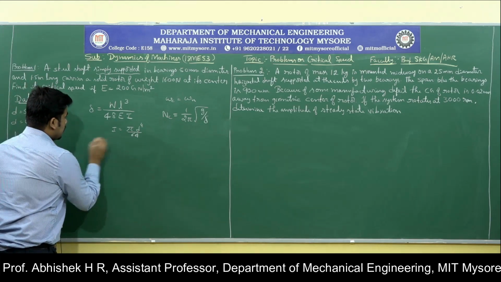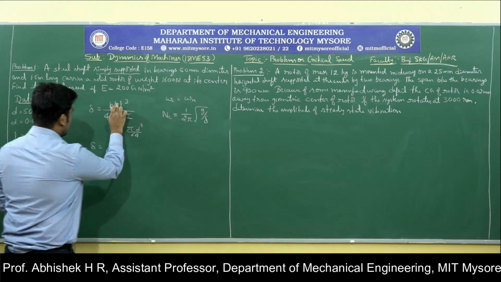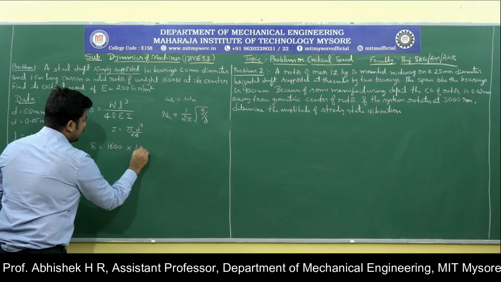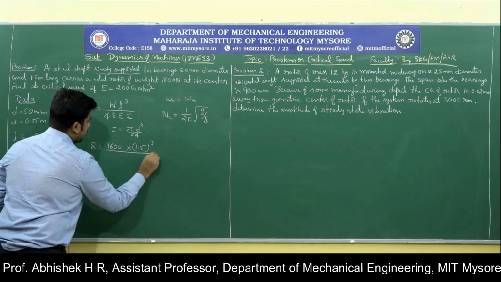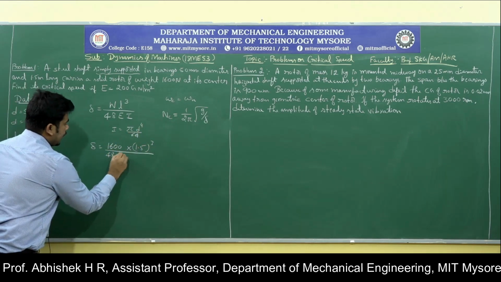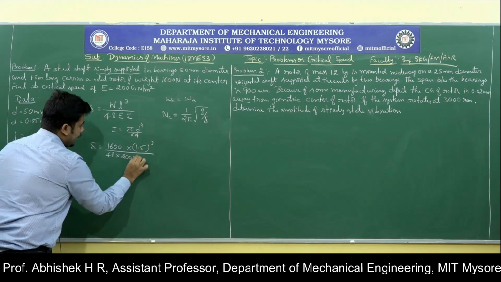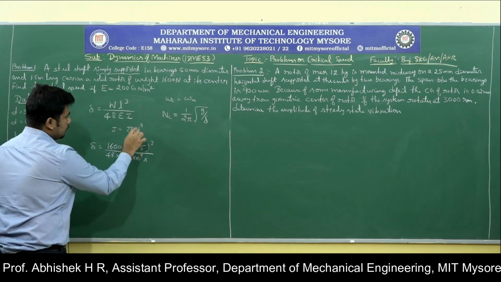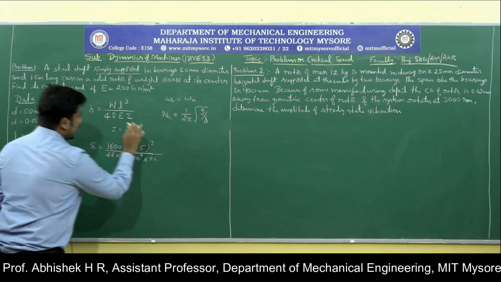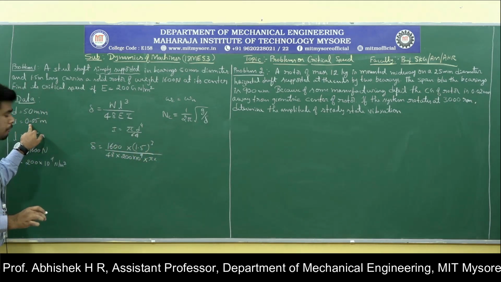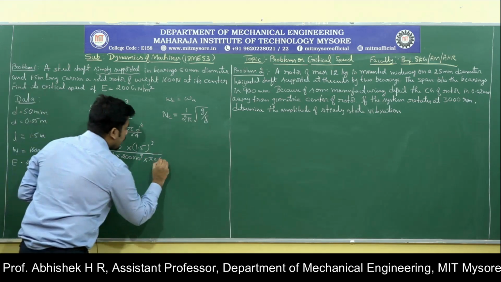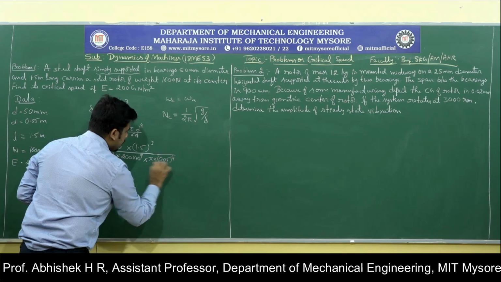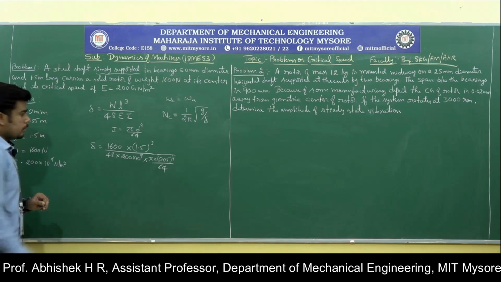Now use this formula: delta is equal to W, which is 1600, into L, which is 1.5 meter, whole cube, divided by 48 into E, which is 200 into 10 to the power of 9 Newton per meter square, into I, which is pi into the diameter of the shaft 0.05 meter, power 4, divided by 64.